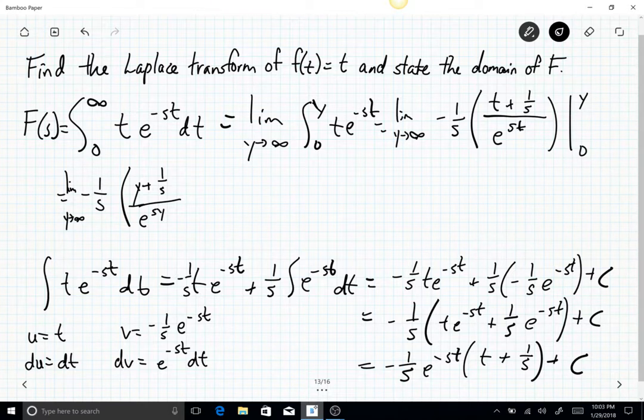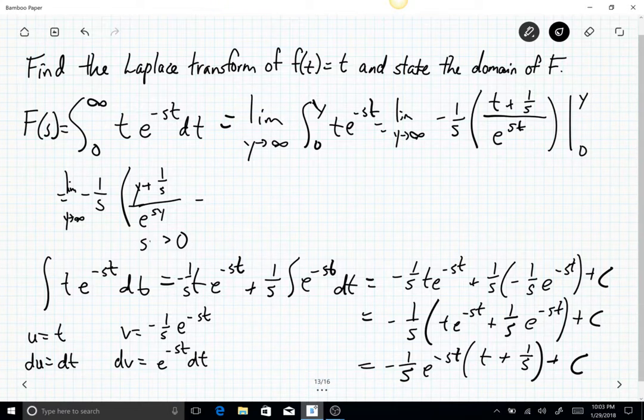Notice if you plug that in, you get infinity over infinity if sy is greater than 0. Then we could use L'Hopital's rule, and the 1 over s goes to 0, the y goes to 1, and then you're left with some e to the sy in the denominator. So notice the y was going to positive infinity, so we just needed s greater than 0.